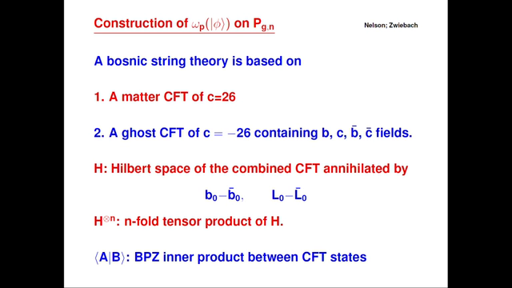Given a Hilbert space defined this way, I will denote by this the n-fold tensor product of H. This is a convenient notation because if you are talking about n external string states, then they give an element of this n-fold tensor product of H. And finally, this notation will denote the standard BPZ inner product between the conformal field theory states.